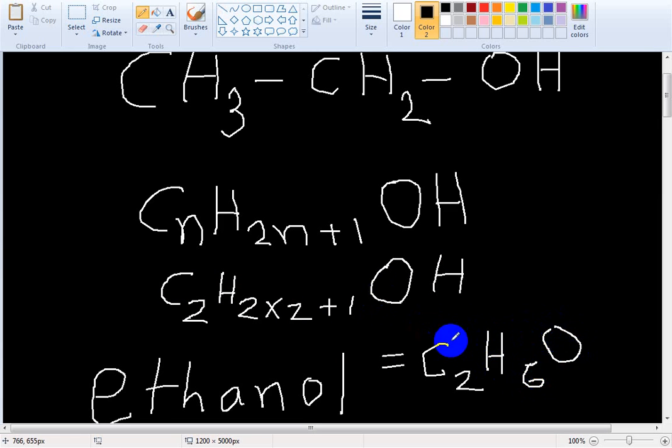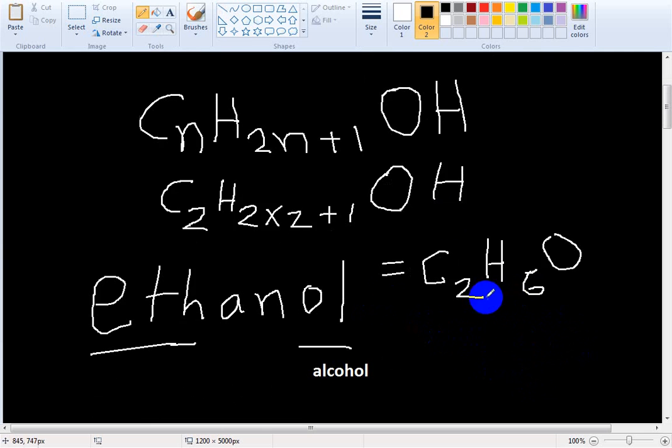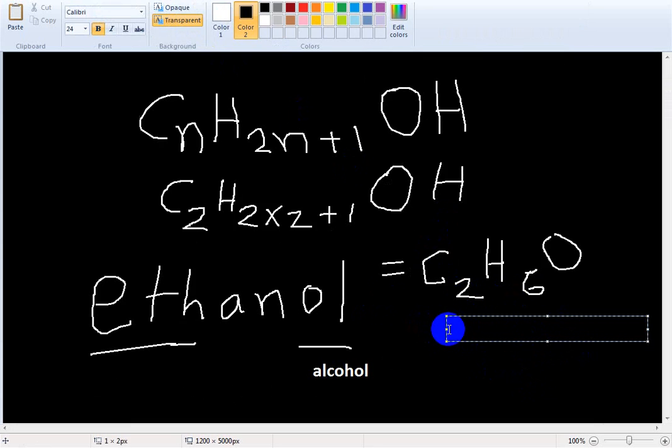So this is the molecular formula of ethanol: C2H6O.